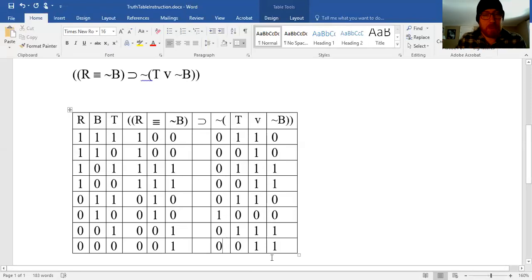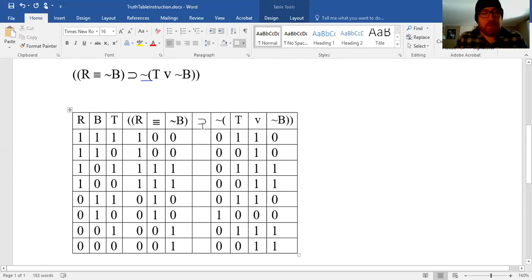Now, how are we calculating the value of the horseshoe? The value of the horseshoe is determined by the value of the triple bar and the value of this tilde. So to find the horseshoe, compare the column with the triple bar to the column of the tilde. That's how we find the horseshoe.